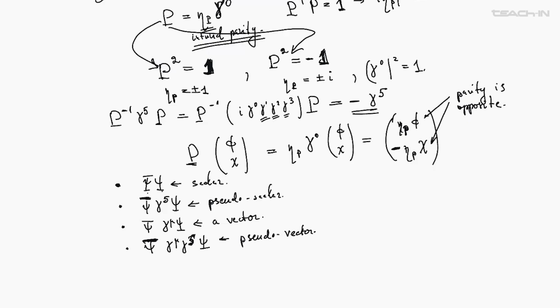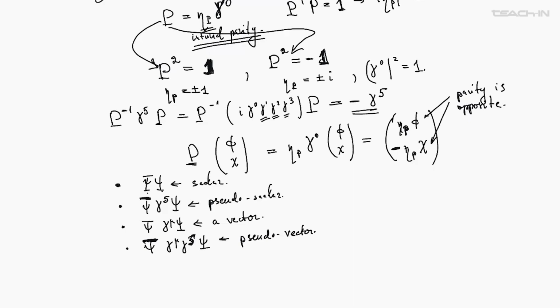I should say it's the other way around. The usual vector would change the sign under parity transformation because it's a vector. When I do a transformation x to minus x, or I reflect, if you wish, the coordinate axes, then a vector must change the sign, while a pseudovector does not.